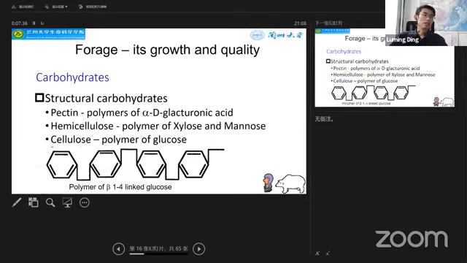The second is structural carbohydrates, like pectin, hemicellulose, and cellulose. These structural carbohydrates are polymers. So pectin is a polymer of alpha-D-galacturonic acid, and hemicellulose is the polymer of xylose and mannose. Cellulose is the polymer of glucose.